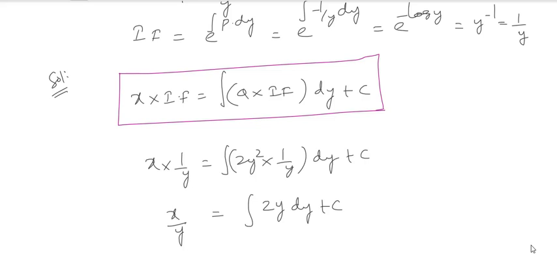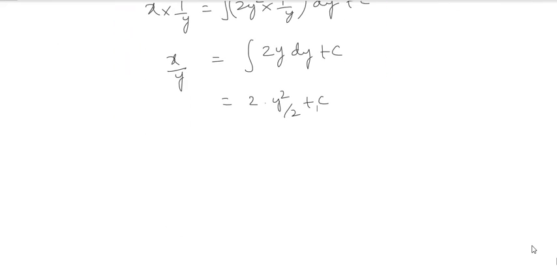Then you can take it as 2 into y, so integration is nothing but 2 into y square by 2 plus c will be there. Am I correct or not? So the 2 will get cancelled. X by y is equivalent to y square plus c, which is the solution for that.